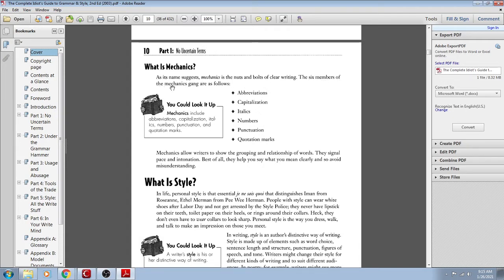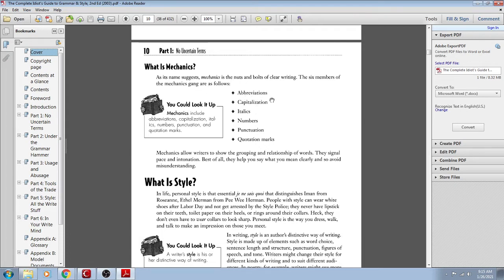By the way, the E in mechanics sounds like the I in the same word: mechanics. The six members of the mechanics gang are as follows.